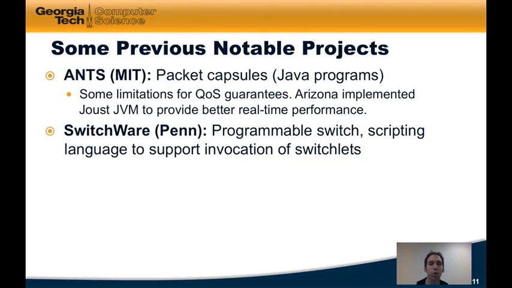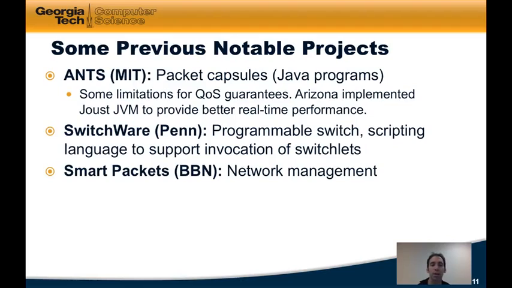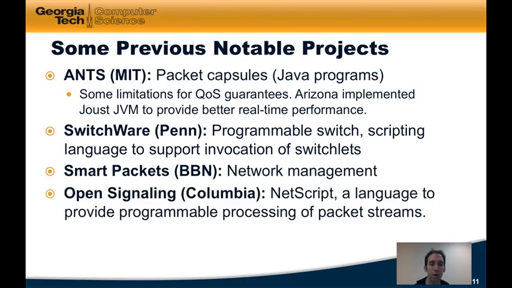There was also the switchware program at Penn, which developed a programmable switch and a scripting language that could support the invocation of switchlets. The Smart Packets project at BBN focused on applying active networks to network management problems. Open Signaling at Columbia developed a language called NetScript, which allowed a programmer to specify custom packet processing routines and pipelines on streams of packets.